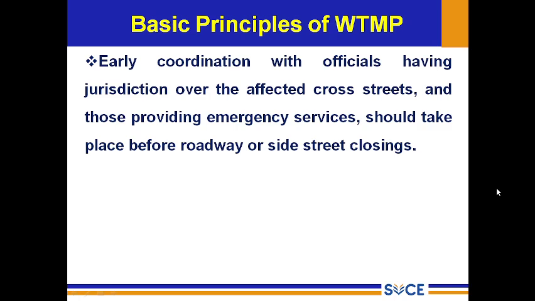Some hospitals may be there, or residence houses may be there. Sometimes fire may break out. You need to give proper alternative routes to reach those streets in case of any emergency, or if an ambulance or any emergency vehicle has to proceed, right?